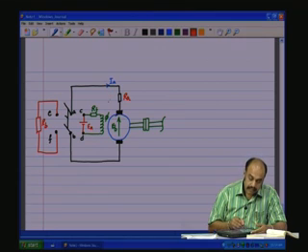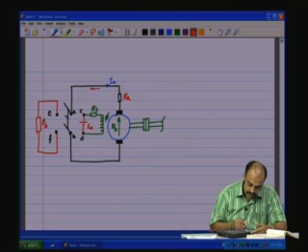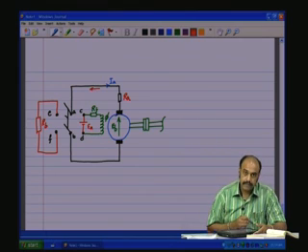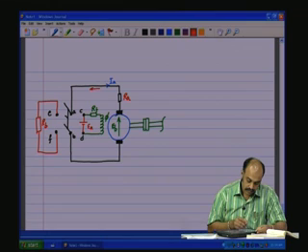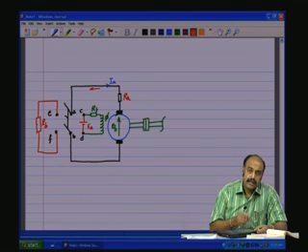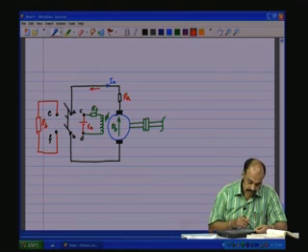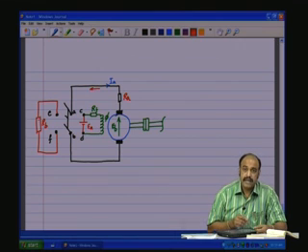So, there is a current which is going to flow in the reverse direction, IA, or if the current is already flowing in IA, that is going to decay pretty rapidly, because that gets dissipated in RB as IA square RB.